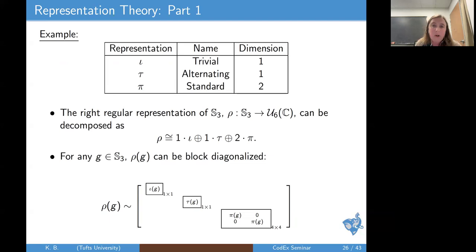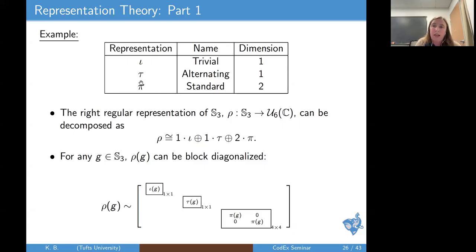So here's an example. Here's our group S3 again. And we had some representations from before. We knew that there was this special representation of S3, the permutation representation, that decomposed into the irreducibles of the trivial and of the standard representation.